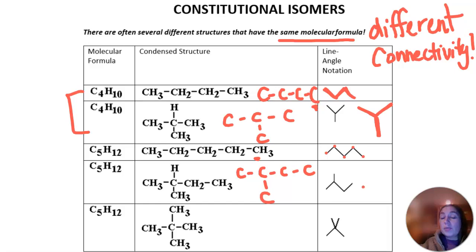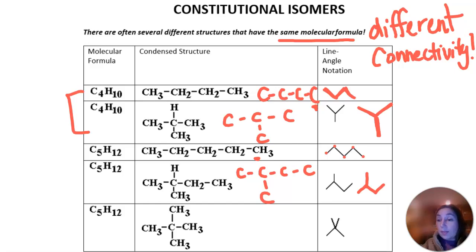And so again, you could draw those 4 carbons in a row as 3 lines, and then you could do a branch coming off of the second carbon, a CH3 branch.